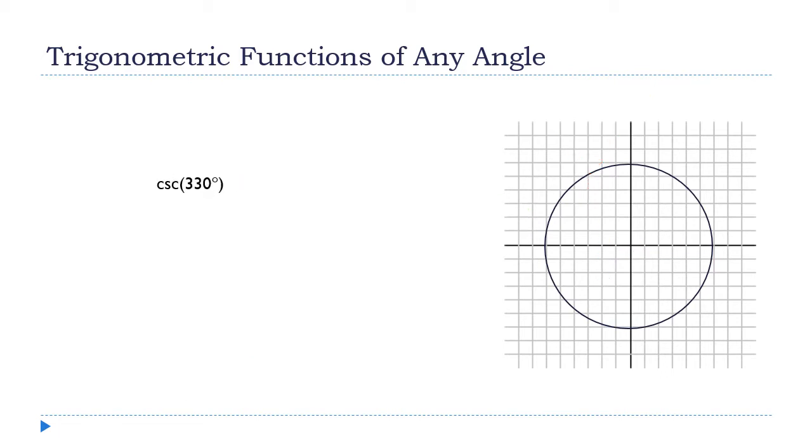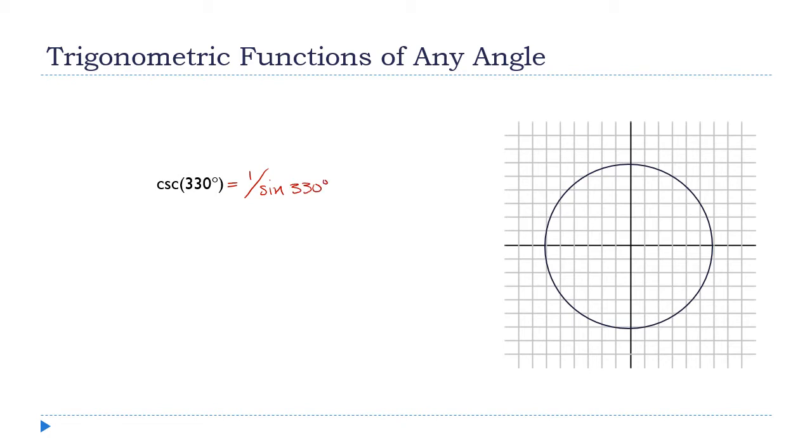So to find something like the cosecant of 330 degrees, we're going to use a method that we'll see repeatedly throughout the rest of the class. Rewrite it in terms of the sine and cosine. So the cosecant of 330 degrees is the same as 1 over the sine of 330 degrees.